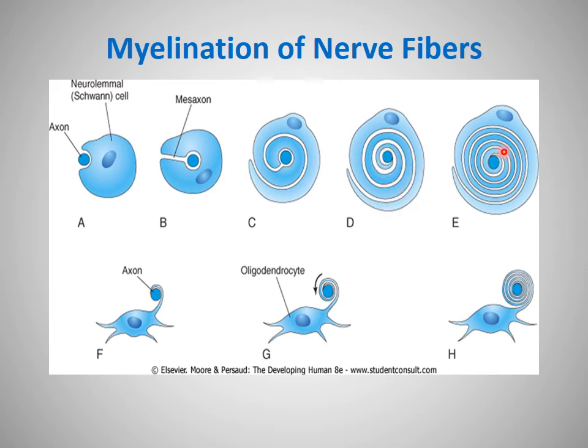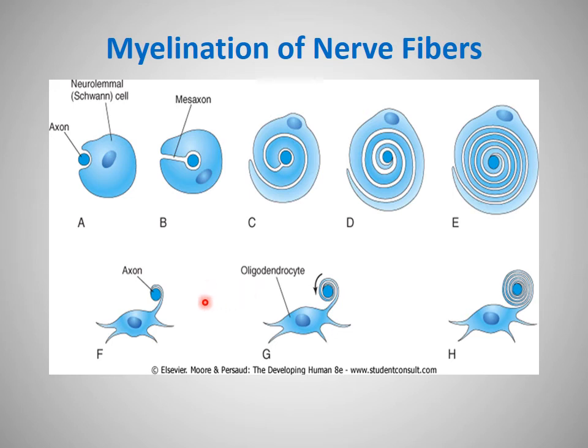Later on, this cytoplasm is squeezed out, and the myelin layer is formed around the axon.